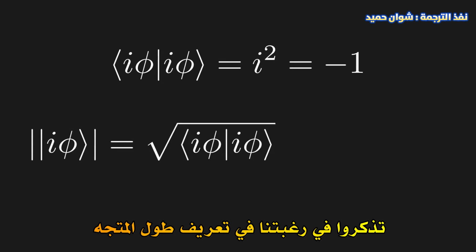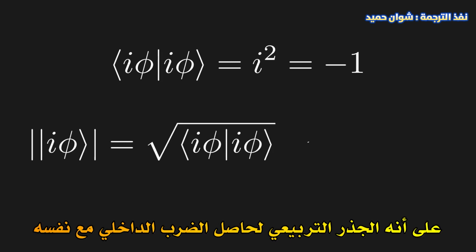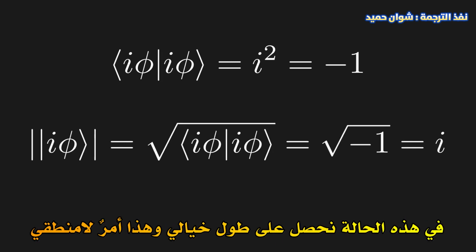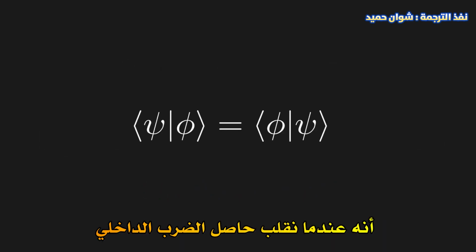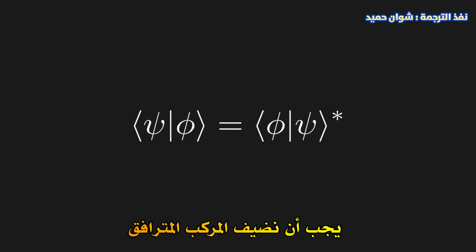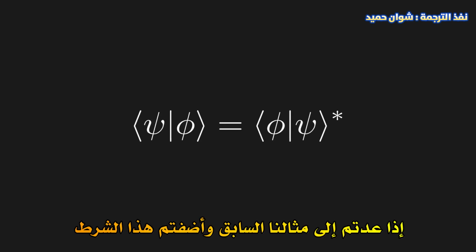Remember that we wish to define the length of a vector as the square root of the inner product with itself. In this case, we get an imaginary length, which doesn't make sense. The way we fix this issue is by adding the condition that when we flip the inner product, we must add a complex conjugate. If we go back into our previous example and add this condition, we now get the following.